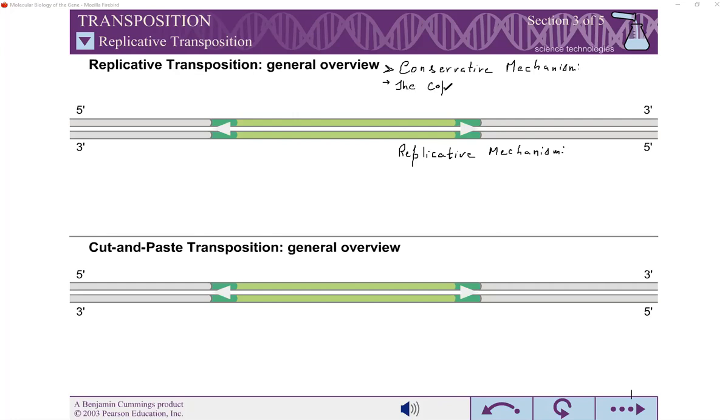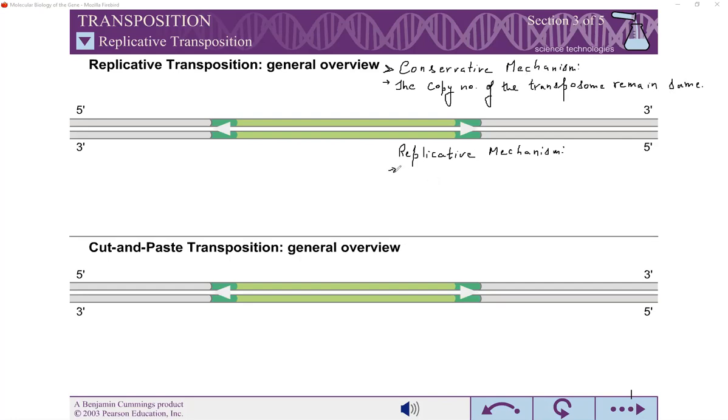If you talk about conservative mechanism, the copy number of the transposon remains the same. Then it is referred to as conservative mechanism.